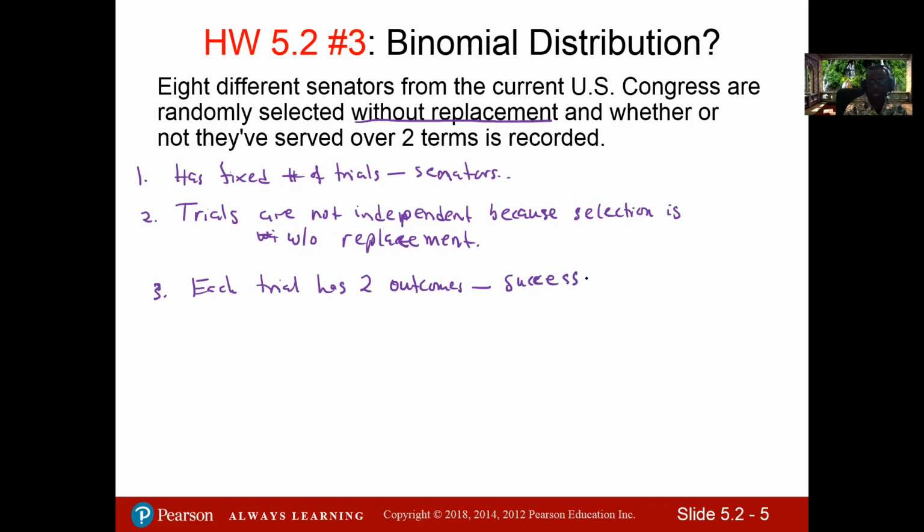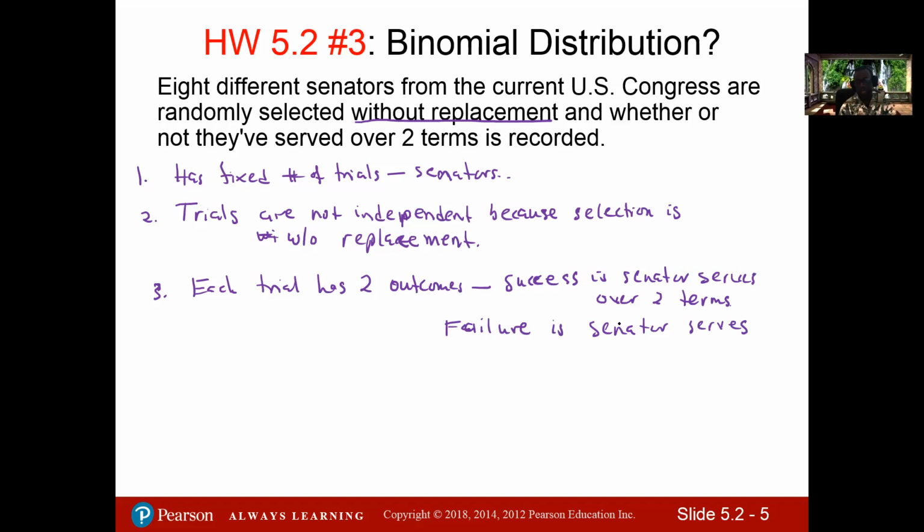And the failure is when a senator serves less than or equal to 2 terms.